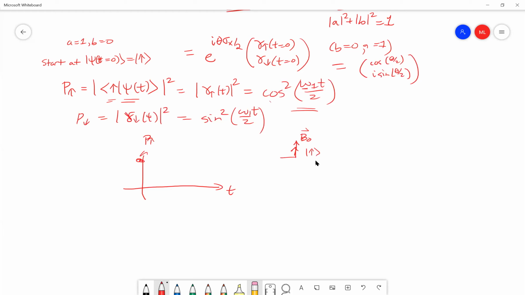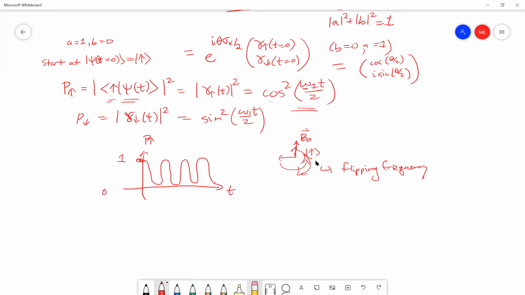And if you apply an oscillating magnetic field in the XY plane, what it does is it starts flipping this spin up and down with a frequency that's given by omega 1. This is the flipping frequency. It was called the Rabi frequency. And remember, that had to do with the magnitude of the applied field in the XY plane. So what this looks like is it oscillates between 1 and 0.